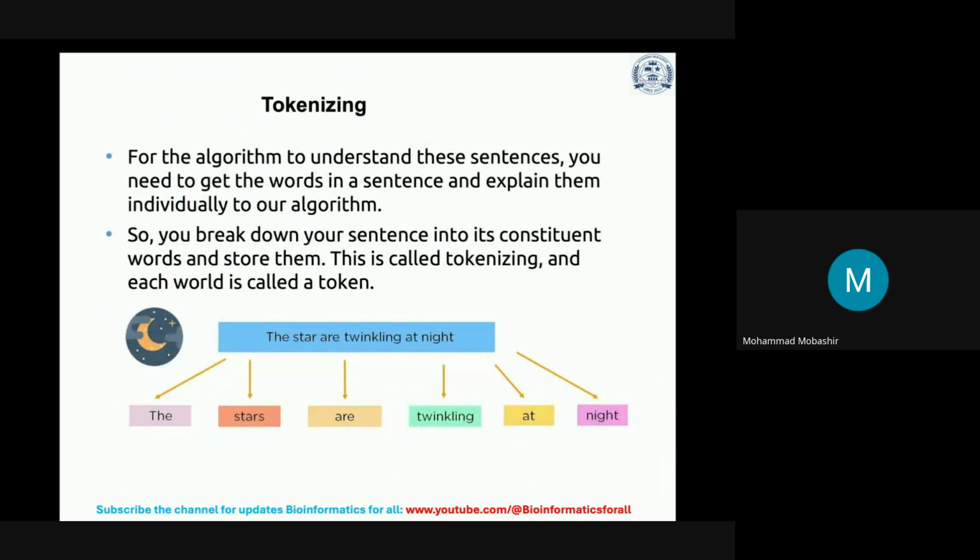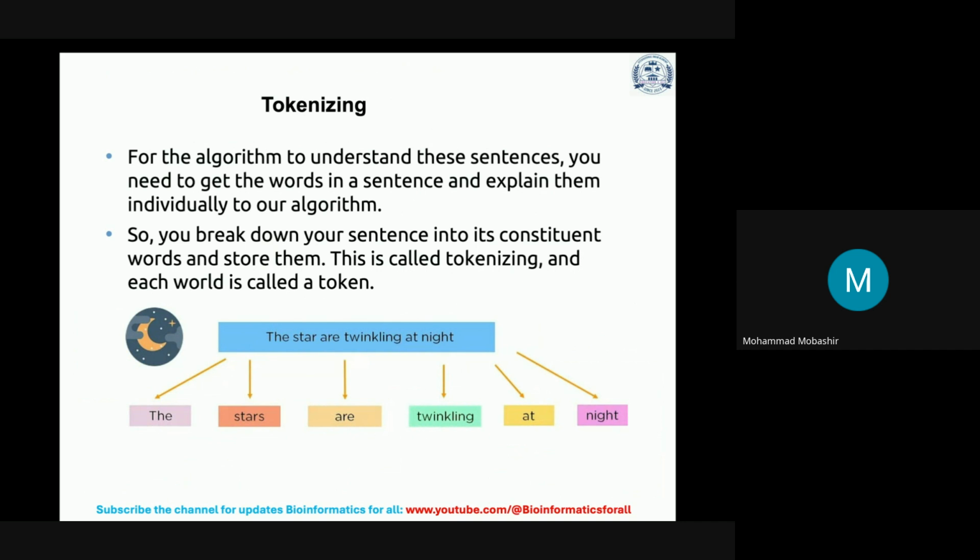Now comes tokenization. You need to divide sentences into small units, that is, tokens. For the algorithm to understand these sentences, you need to get the words in a sentence and explain them individually to the algorithm which you are going to write or use.